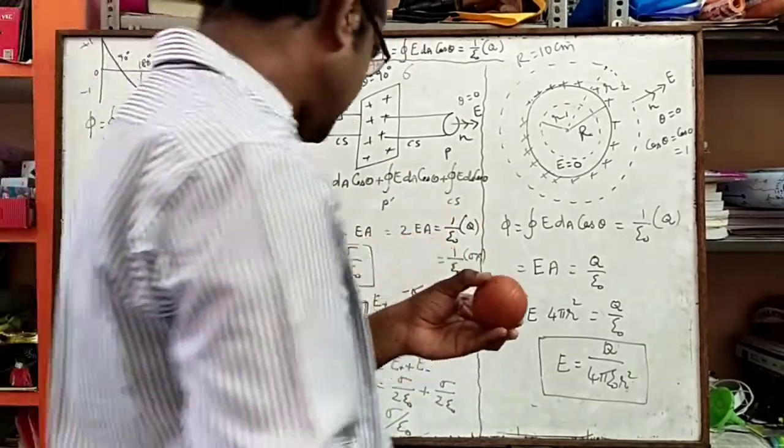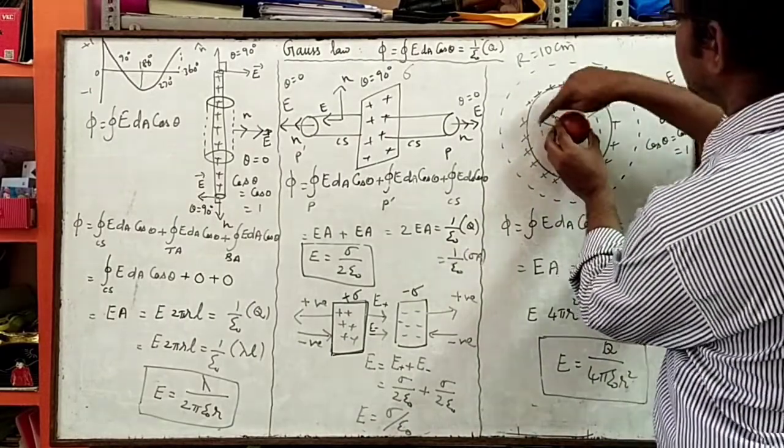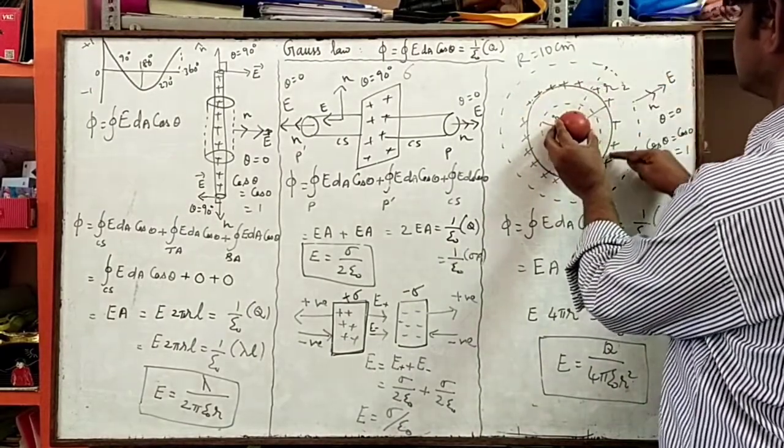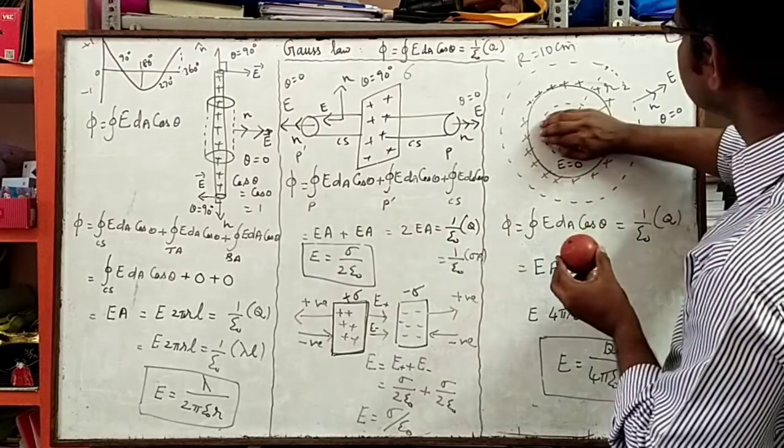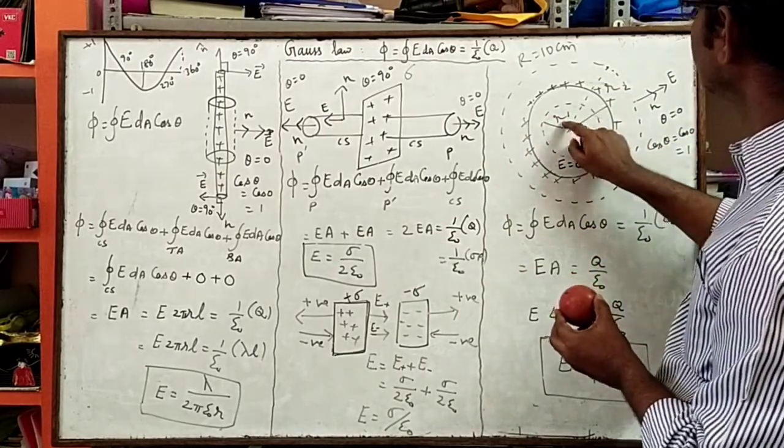So in that case, on the metallic sphere there are positive charges. Inside the metallic sphere there is no charge, where this radius is R1 equal to 5 centimeter.